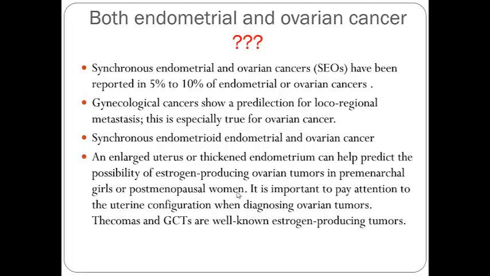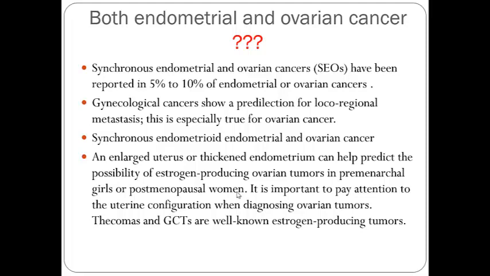We can see GIT with ovarian, and we can see endometrial with ovarian. So it can occur synchronously in 5 to 10% of cases. But still, 5 to 10% is the rarest entity.